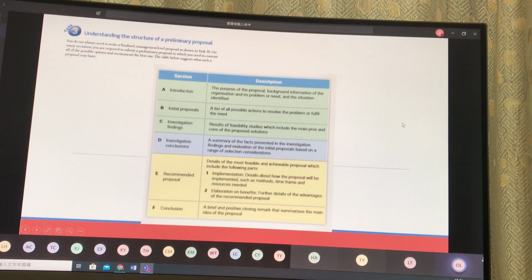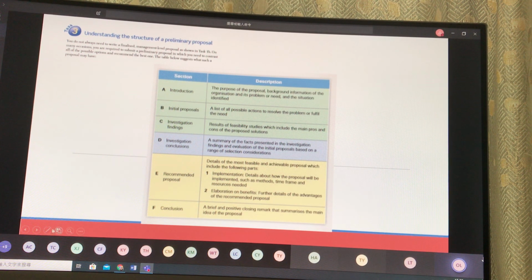Okay, so this page is very important. Definitely try to get this page if you can. This is the overall structure of the proposal that we will be using. These are all the important parts of a proposal that you will need to know for the exam. The exam is 60% of your grade.